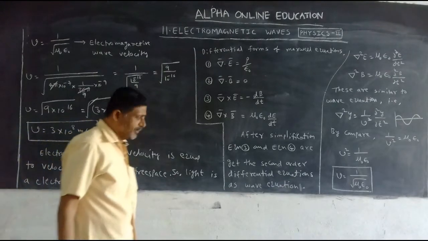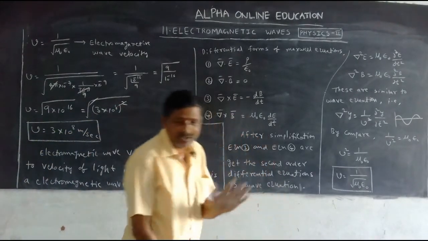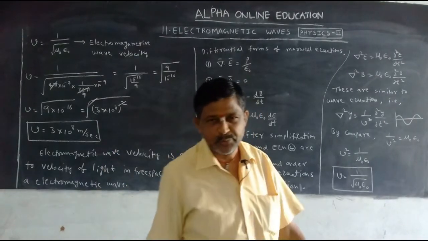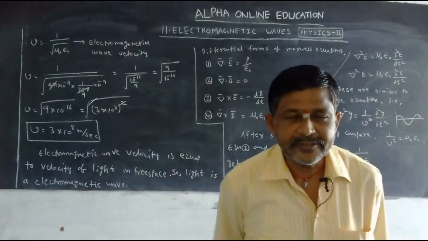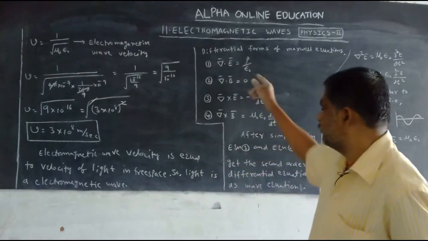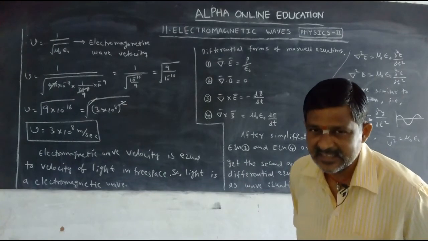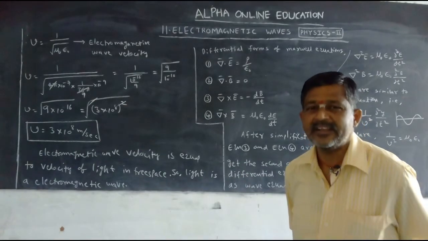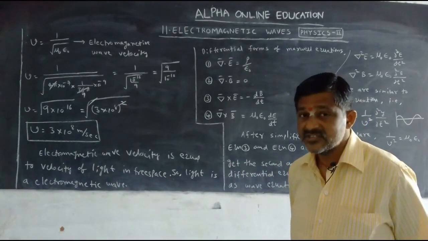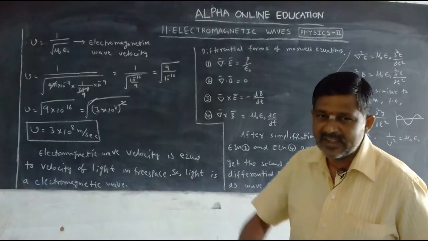Who proved mathematically that light is an electromagnetic wave? Maxwell proved it mathematically using the four equations. It was proved that light is an electromagnetic wave, meaning electromagnetic wave velocity is equal to the velocity of light in free space.